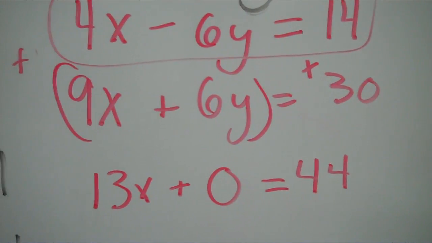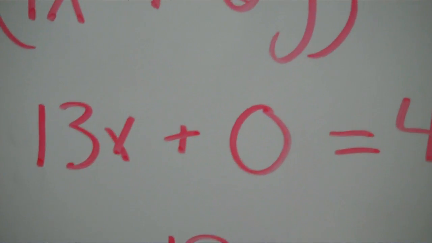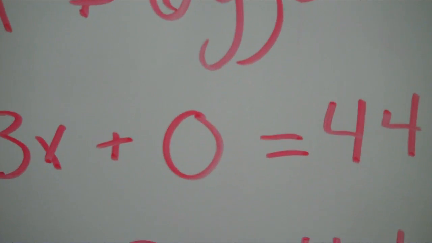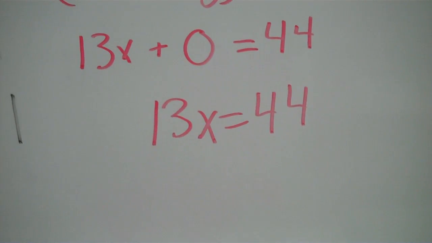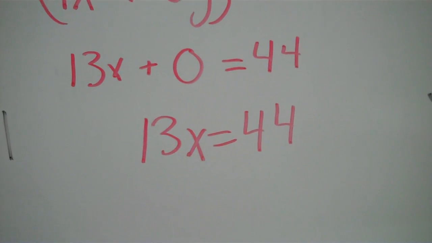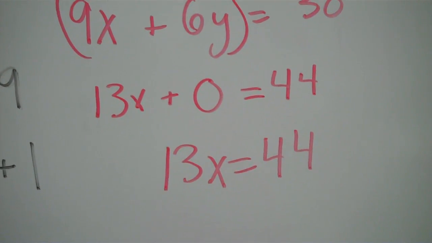I obviously don't need to have the zeros there, but 13x will equal 44. And then from there I can solve for x and then plug in my answer and get my y. So that's elimination method there.